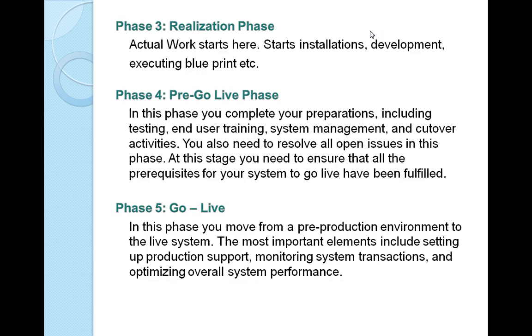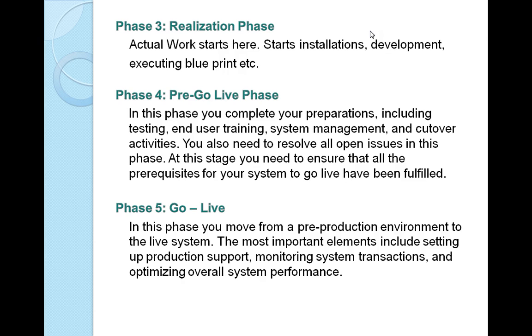Go live is nothing but end users using SAP, end users working on SAP. In this phase, you move from a pre-production environment to the live system. The most important elements include setting up production support, monitoring system transactions, and optimizing overall performance. Everything comes from go live. Once your system is go live, the basis administrator's work starts here.